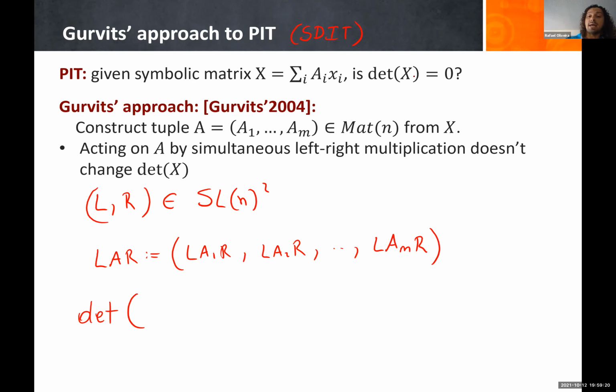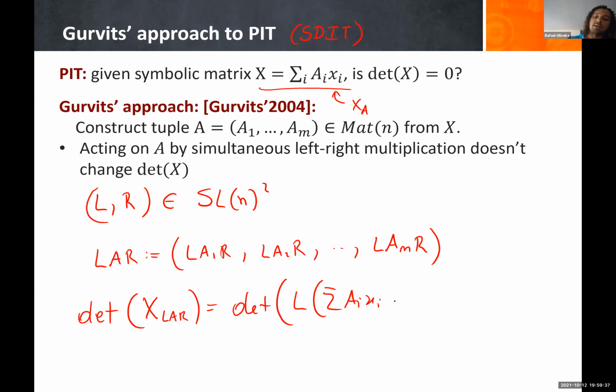Let's say that X, which is the sum of A_i x_i, we call X_A of the tuple A. Now, the determinant of X_{LAR} is equal to the determinant of L times the sum of A_i x_i times R. But we know the determinant is multiplicative.